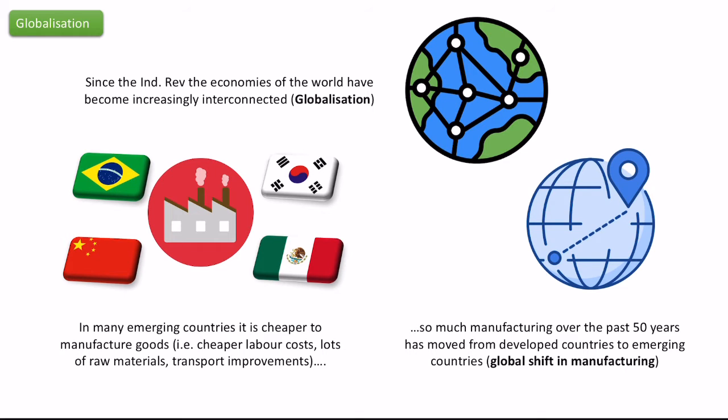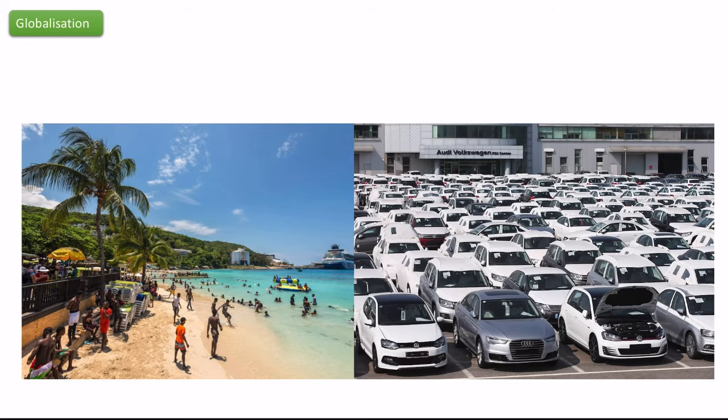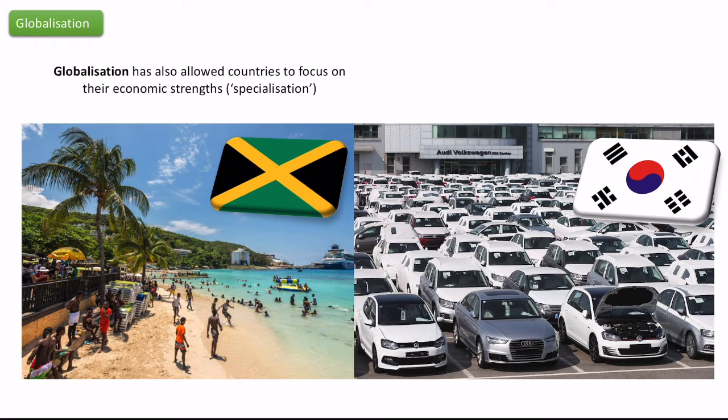So this is an example where a process like globalization has shifted the number of people employed in a sector in developed countries, but also it's changed the numbers of people working in emerging countries where there's been a big growth. Globalization also allows countries to focus on their economic strengths so they can specialise.